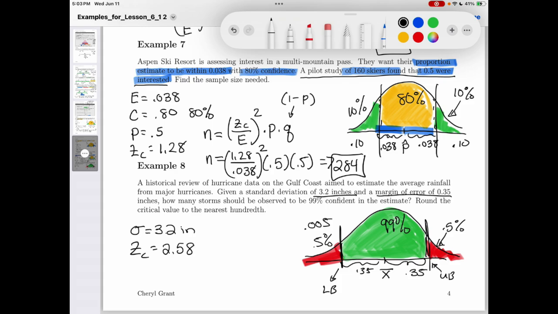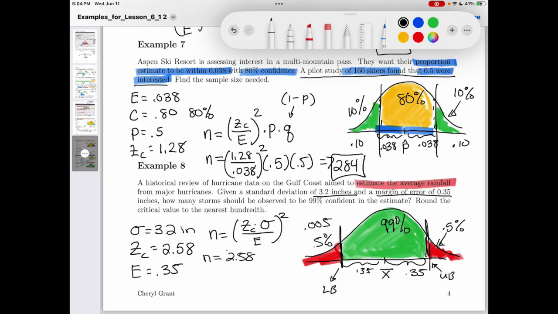We're told that the error is 0.35, and we have our standard deviation. So to find our sample size, we're going to take our z-critical times our standard deviation, divide by the error, and square all of it. My z-critical is 2.58.